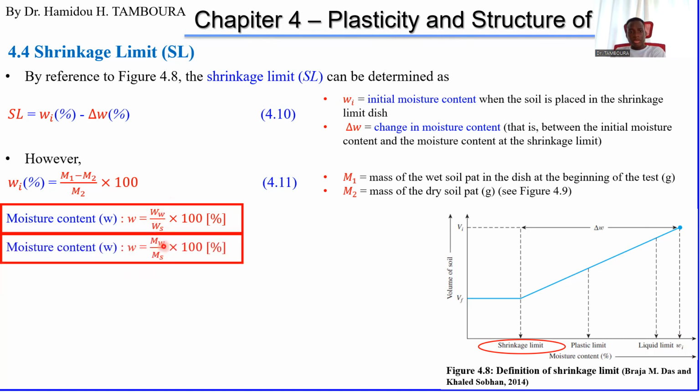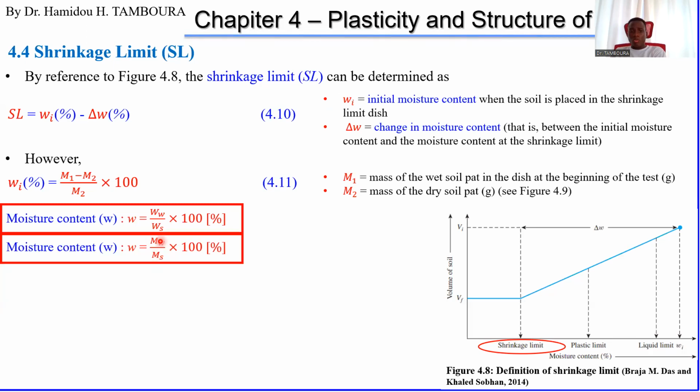Instead of weight, you can use mass. That will be mass of water divided by mass of solid particles of the soil, and multiplying by 100 to get it in percentage. So here we just use this last formula: water content is the mass of water divided by the mass of the solid part of the soil.